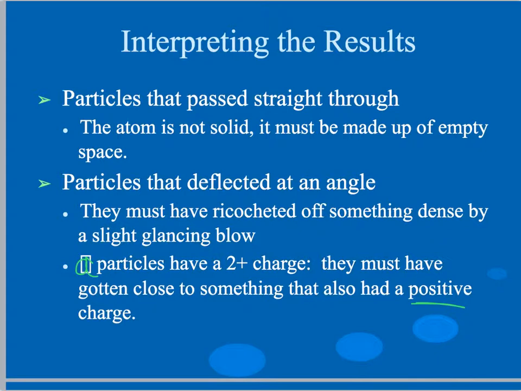So if you imagine within the foil, there are these positive charges, and then the alpha particles, which are also positive, come in. They're positive and positive, so they repel that way.